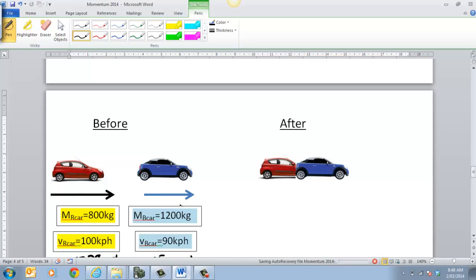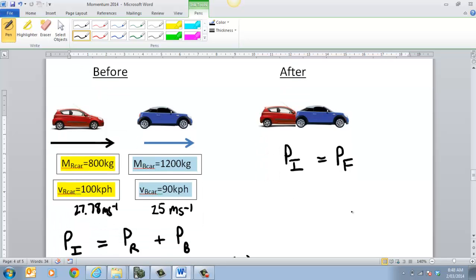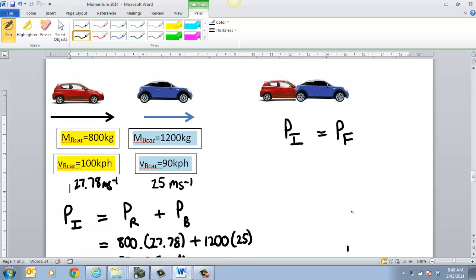Okay, what do we know about our situation over here? Well, we know that afterwards our P initial has to be equal to our P final. So what are these cars doing? They're going to have a rear end collision, and then they're going to go off at a combined speed. So we know that our P final is going to be the mass of the red plus the blue times by the velocity of the red plus the blue.